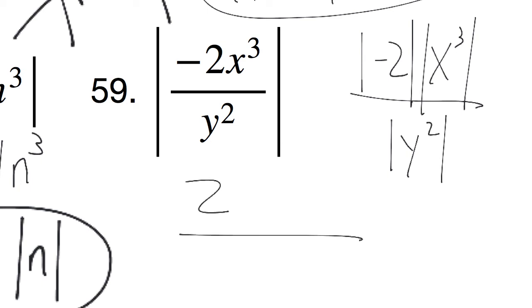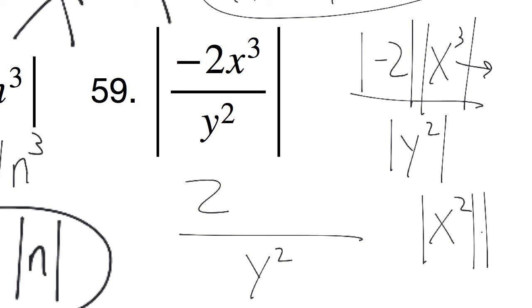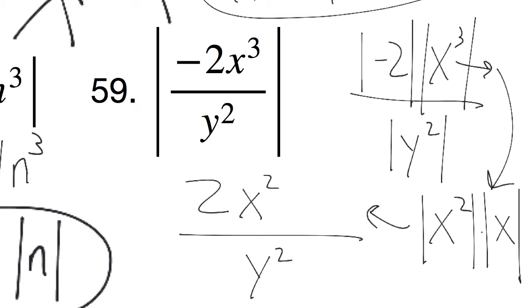The absolute value of y squared is always just going to be y squared, because y squared will always be positive. Similarly, we can split this up into two different things, x squared times the absolute value of x. So therefore, it becomes 2 times x squared times the absolute value of x.